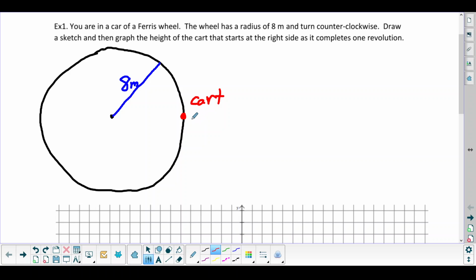And we can label some other important positions. So this is where we start. And if we think about how high this is, like 8 meters high, right? So the ground is at the bottom, obviously, and our Ferris wheel is 8 meters. So down here would be 0 meters. This here would be 8 meters.